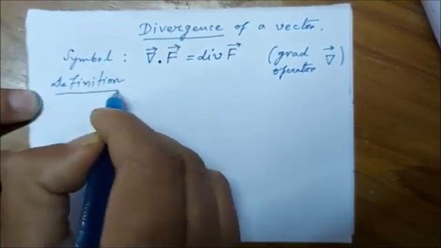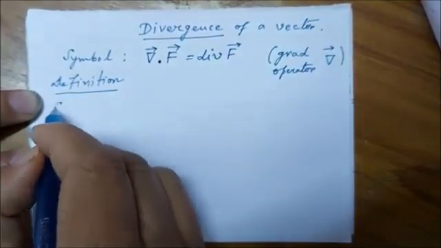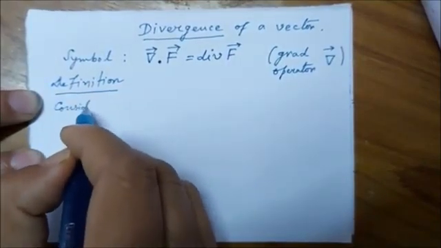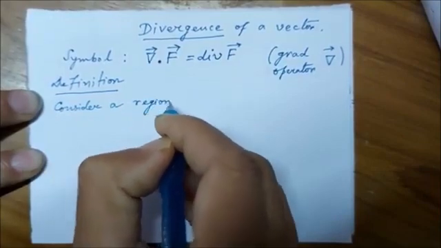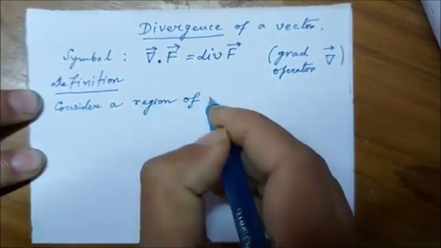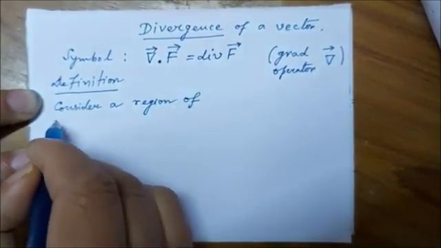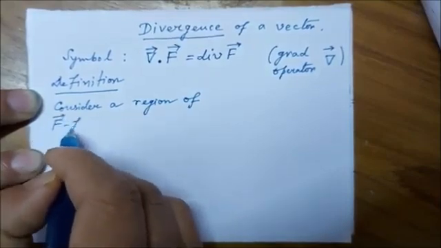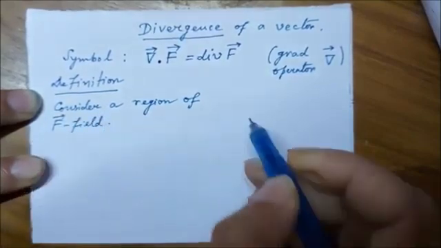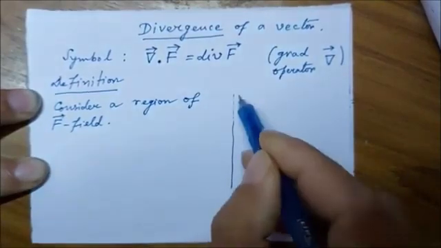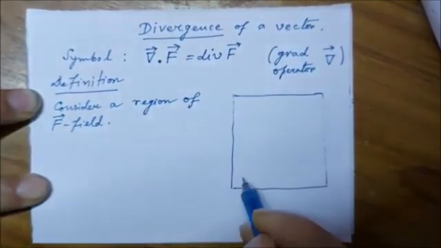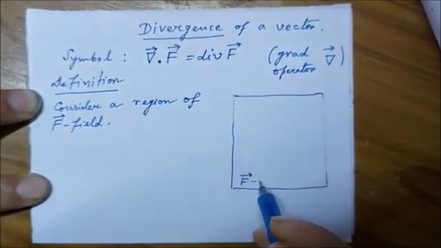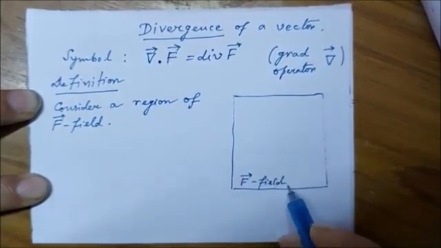So, definition of divergence. Let us consider a region of vector f field. So consider a region of space where a vector f is defined at each and every point.